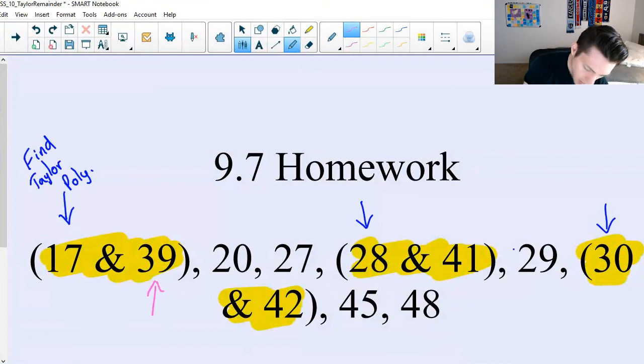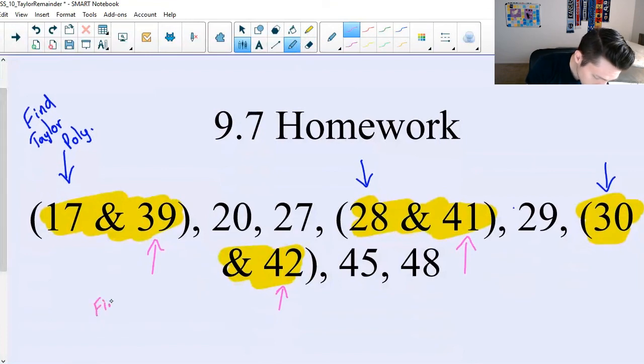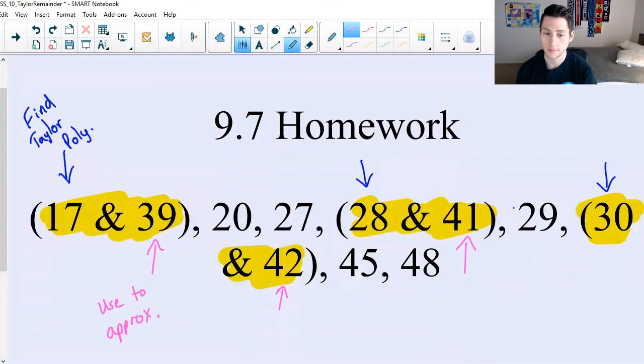But then 39, 41, and 42 say, use the Taylor polynomial to approximate some value. It says this in the book as well, but when you go to question 39, in parentheses next to it, it says exercise 17. So you use the Taylor polynomial from exercise 17 and actually approximate the value that it asks you to approximate.